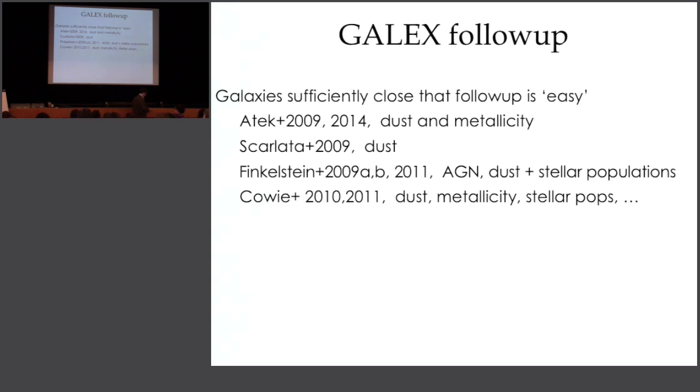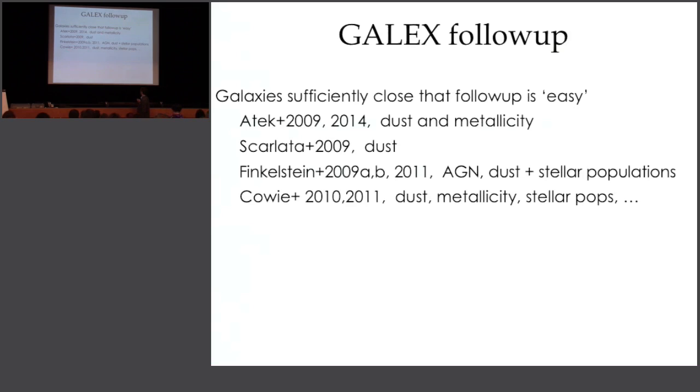The first paper on these data came out in 2008 by Jean-Michel Deharveng. Notice that in 2009 there were 1, 2, 3, 4 follow-up papers done, and people were quite enthusiastic to jump on these samples in the beginning. In fact, Len Cowie's reanalysis of the data came a year after that, 2010 and 2011.